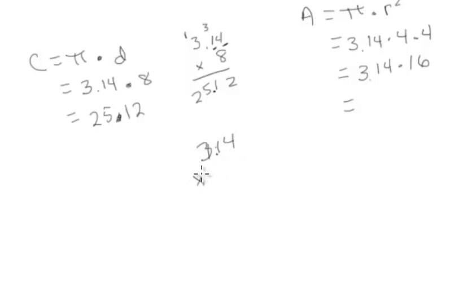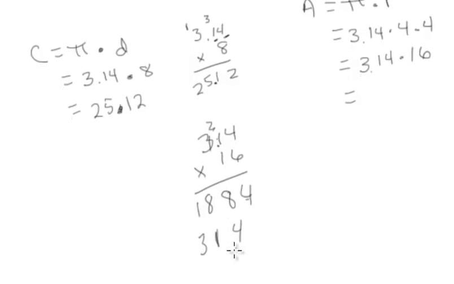3.14 times 16. 6 times 4 is 24. Carry the 2. 6 times 1 is 6, plus the 2 is 8. 6 times 3 is 18. So that goes there. 1 times 4 is 4. 1 times 1 is 1. And 1 times 3 is 3.